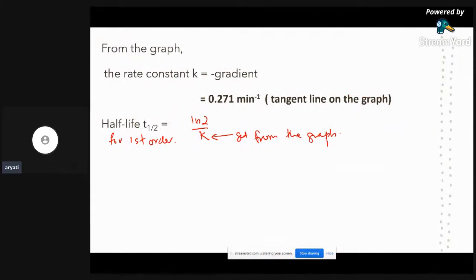Okay, so gradient, okay, m equal to the value of k. So kamu nak cari gradient m equal to delta y over delta x.